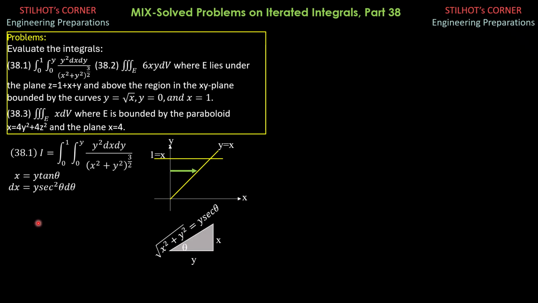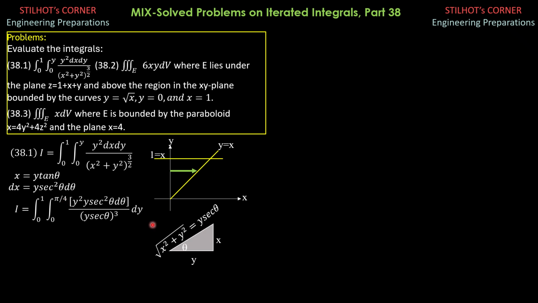So we replace. I equals the integral 0 to 1, 0 to pi over 4 for theta. The explanation is when x is y, theta is arctan of 1 or pi over 4.